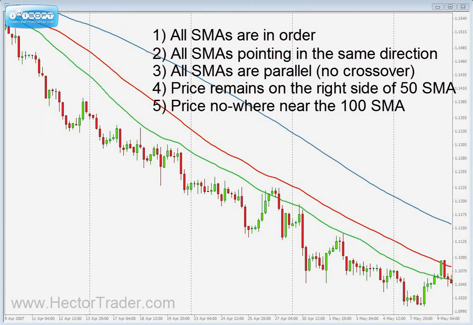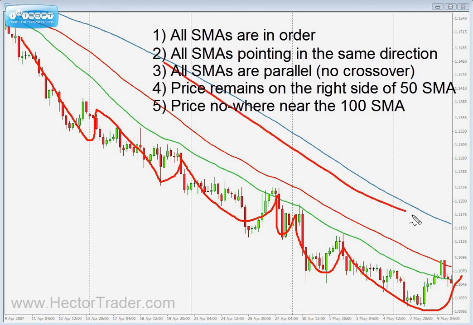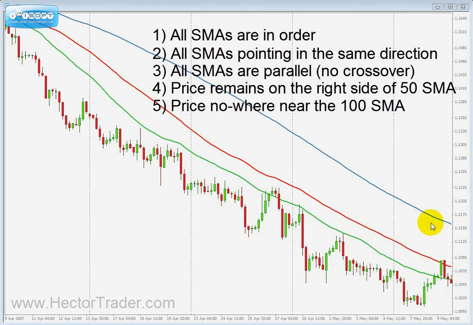In this trend, as I was just showing you, we basically go through swing, pullback, swing, pullback, swing, pullback, and so on. In most trends, for price to touch the 100, what we usually see is quite a large pullback.